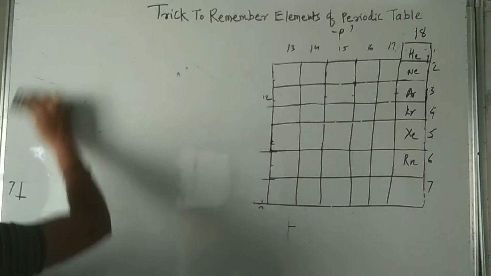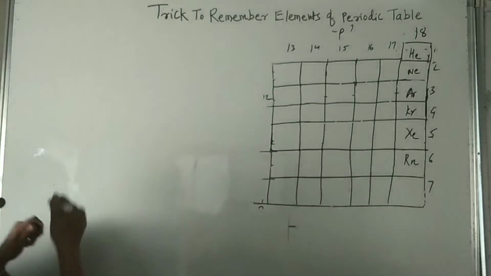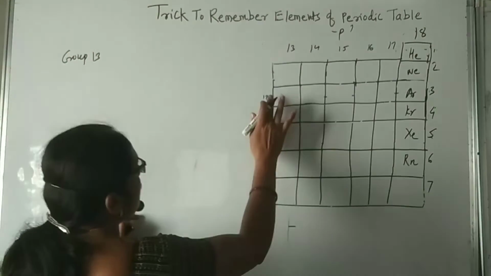The P block elements contain groups 13 to 18. I write group 13 first.